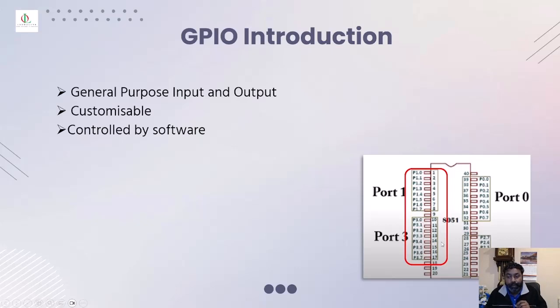So 8051 is a 40 pin IC, a microcontroller, and as you can see, it has 1, 2, 3, 4, 5, 6, 7, 8. So 8 times 4. So it has 32 GPIO pins. Likewise, in every microcontroller, the GPIO varies.